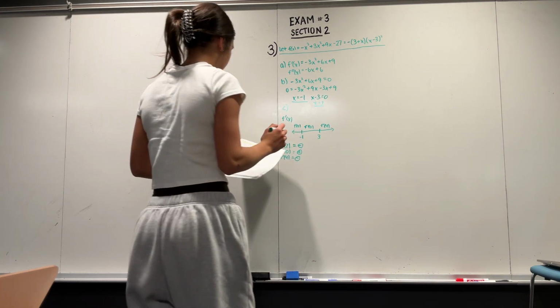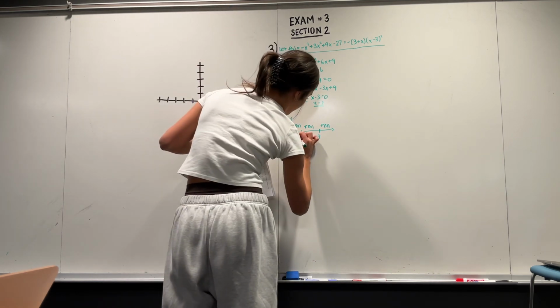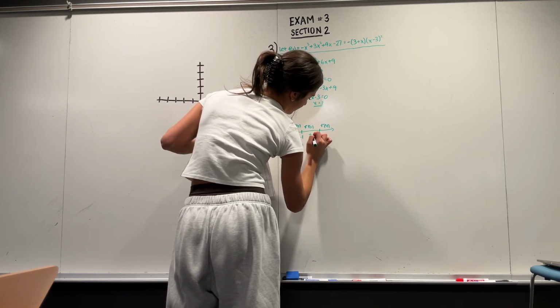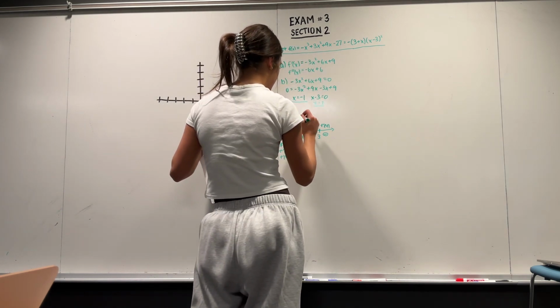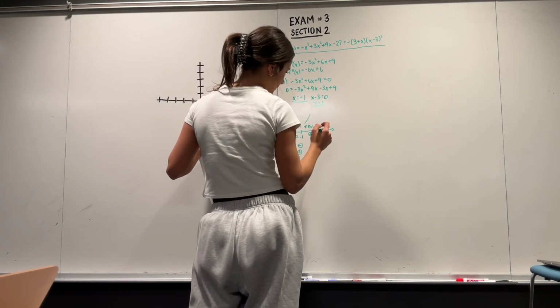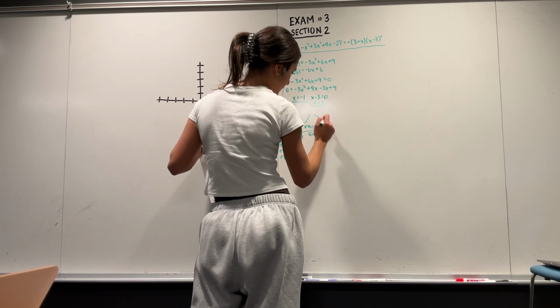So now we know the way the graph moves. It'll go negative, positive, then negative, meaning that it'll go this way, positive, and then back to negative.